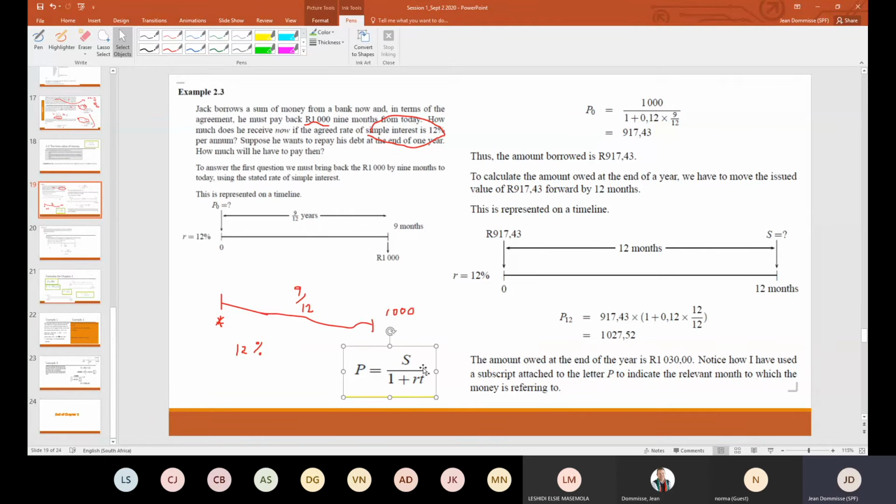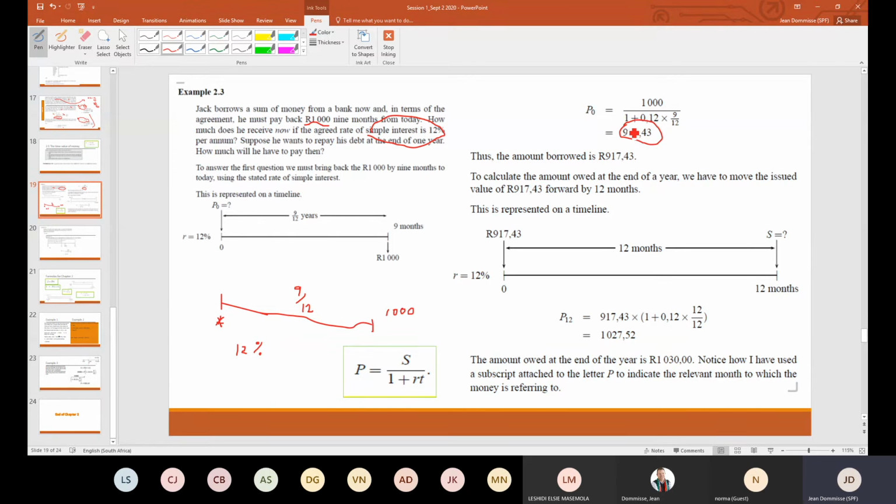So I know the S is 1,000. The 1 is the 1, plus the interest rate, that is the 12%, times the time period, which is 9 divided by 12. So if I work that out, I would get 917 rand and 43 cents.